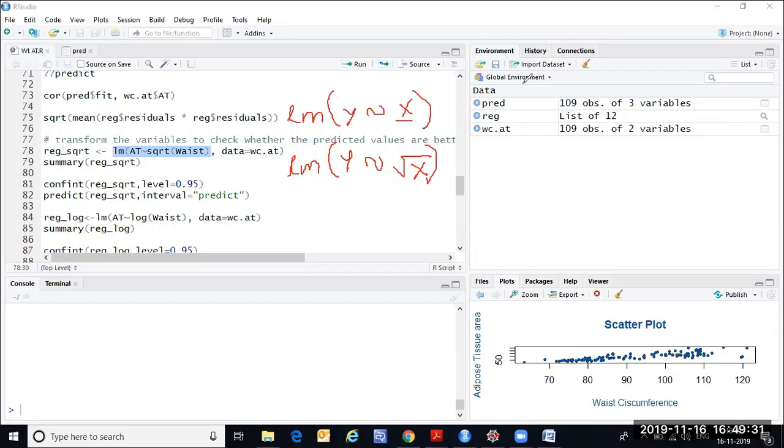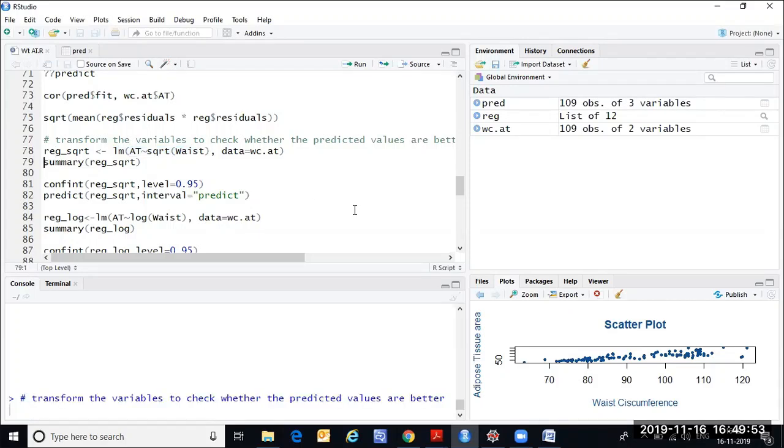The process of applying these mathematical formulas to a particular variable is called data transformation. So let's build this model, applying the square root on the input variable.